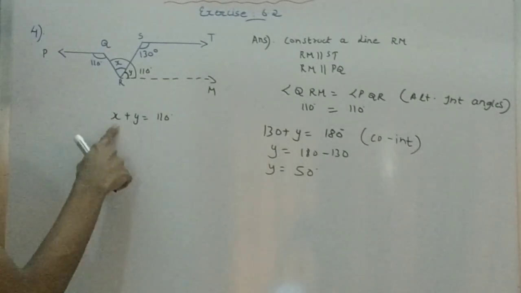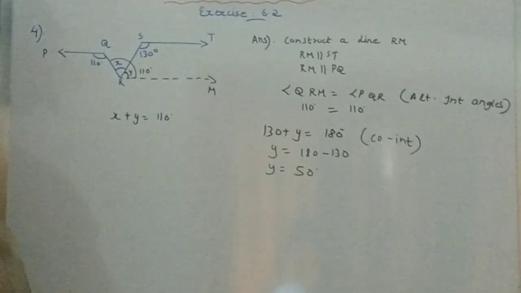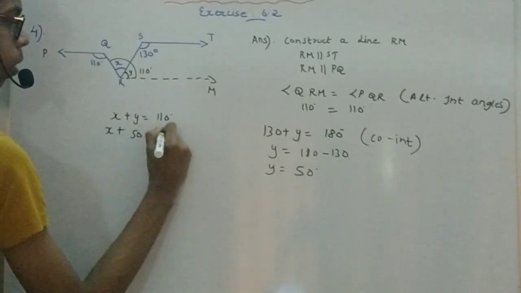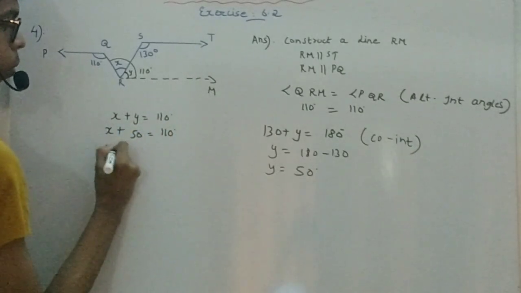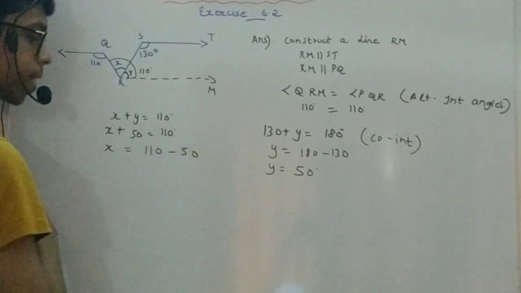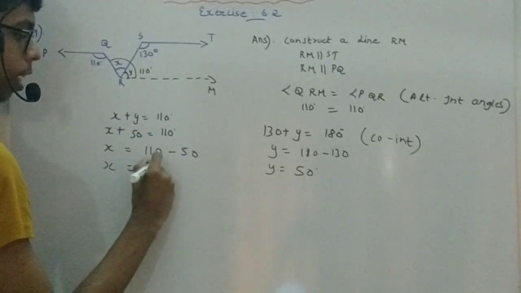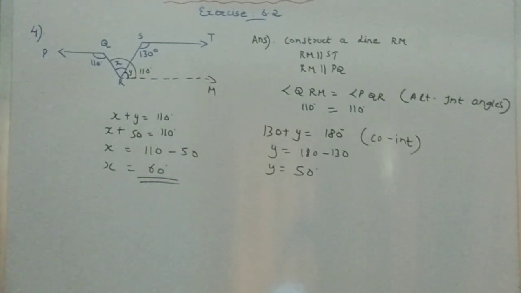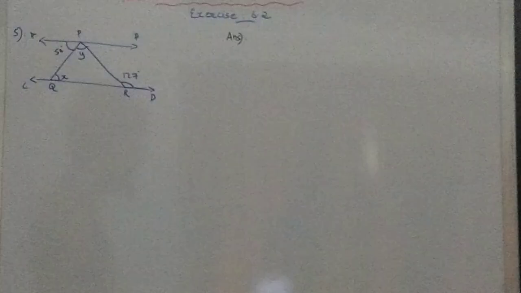Now angle x is what we need to find. Angle y we got as 50 degrees. So x plus 50 is equal to 110. So x is equal to 110 minus 50. So x is finally equal to 60 degrees. So this angle is equal to 60 degrees.